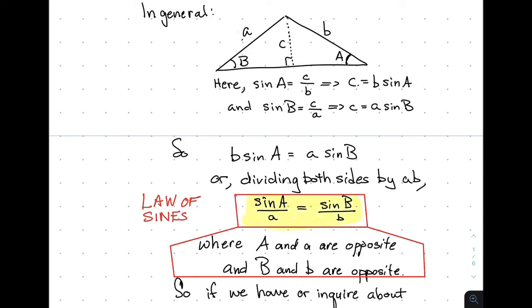What's important about this is the relationship between the A's and the B's. So angle A and side A are opposites, and angle B and side B are opposites. In general, I will try to make that true when I can because it helps us to be consistent.